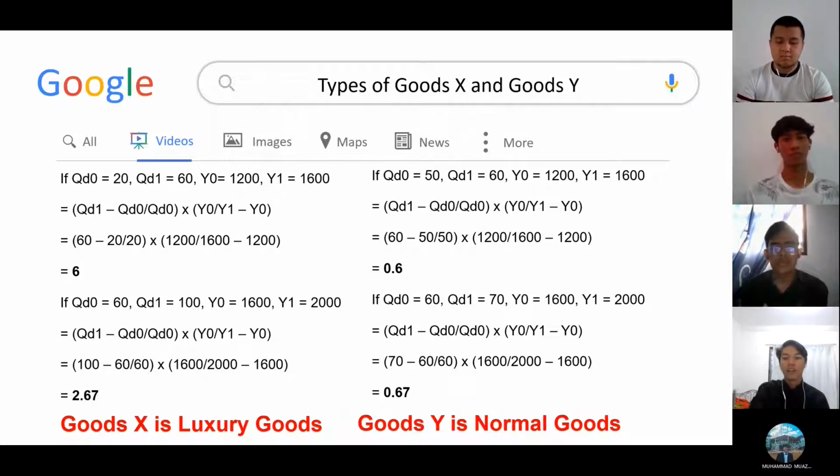While for good Y, we use the same formula, but the numbers are a little bit changed, where QD0 is 50, QD1 is 60, Y0 is 1,200, and Y1 is 1,600. So we get a number less than 1, between 0 and 1. If the answer is between 0 and 1, we can say that good Y is a normal good.